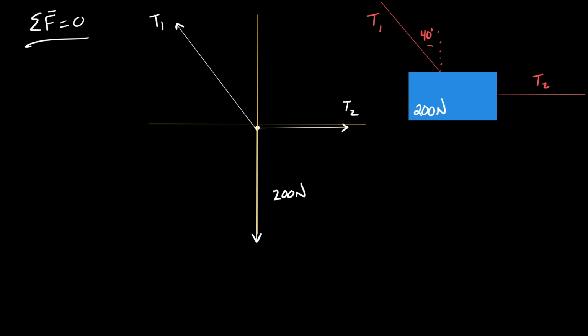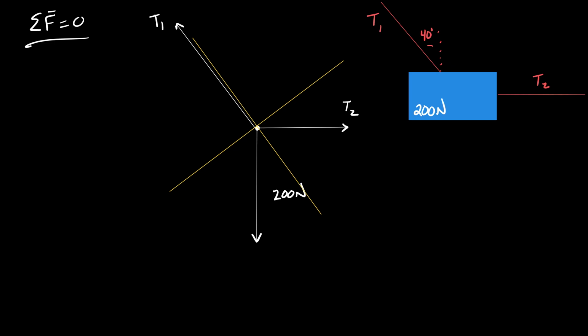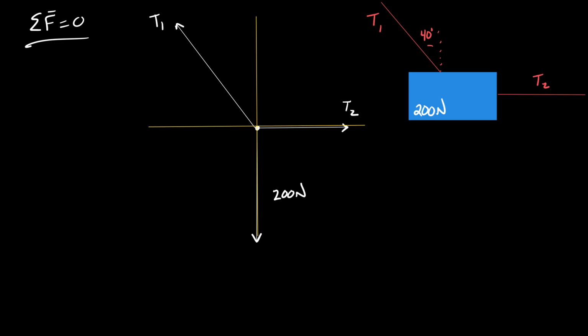Do you guys? Because if I do rotate it, I'd have to resolve two forces, and that seems like more work. So I'm going to leave it here, and that way I only have to resolve one force. I'm going to label this the positive y, and this the positive x. And I'm also going to note that we were given this angle as 40 degrees.